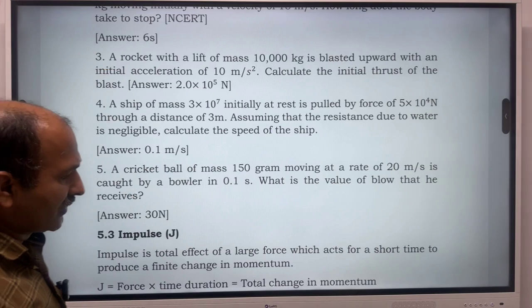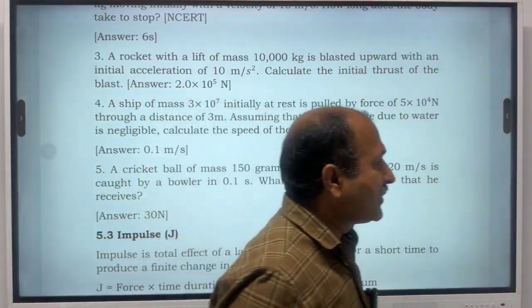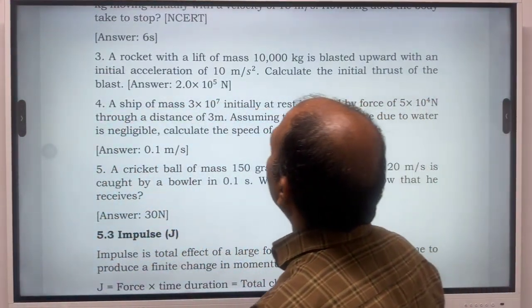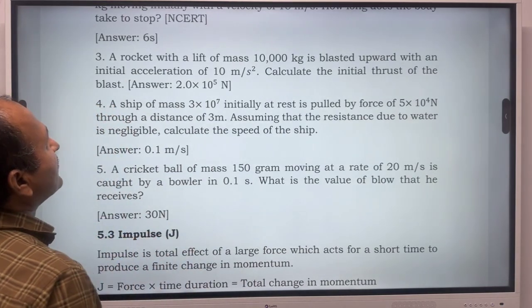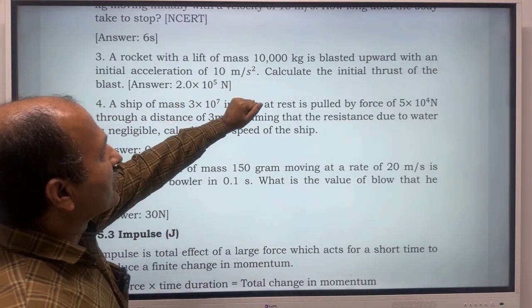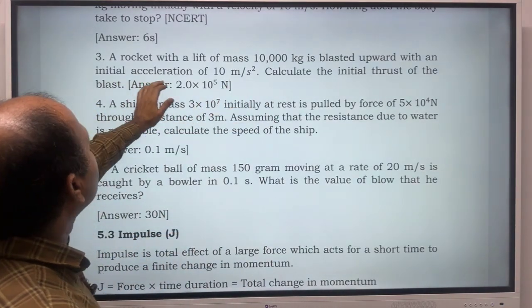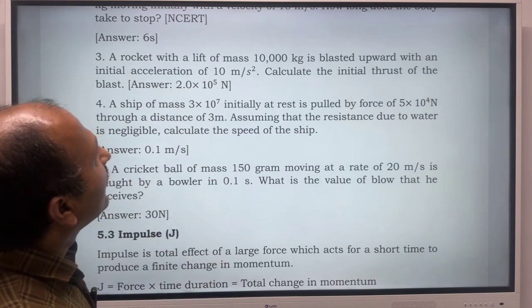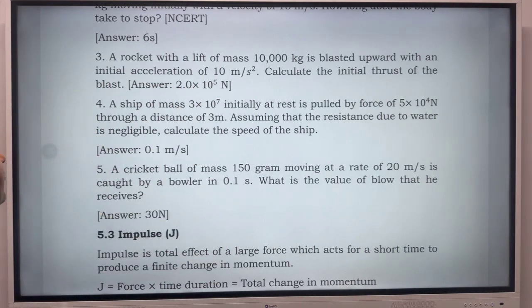Here, there is another question. The question says, a rocket with a lift of mass 10,000 kg is blasted upward with an initial acceleration of this much. Calculate the initial thrust of the blast.